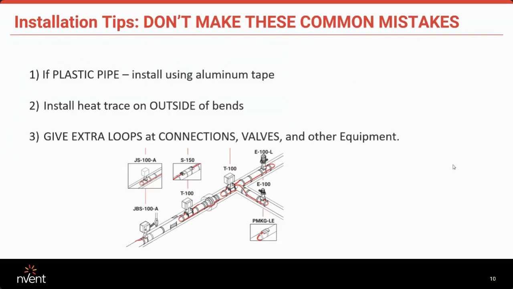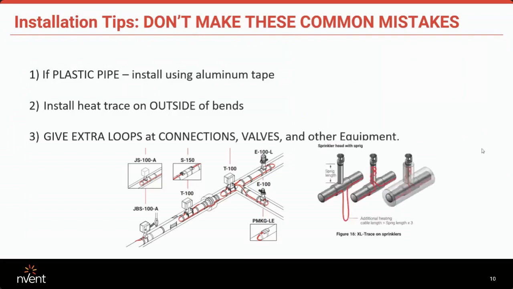So anything extras, valves. This particular image shows a sprinkler application where you might have a sprinkler head with a sprig. This is one section where you want to have extra cable.